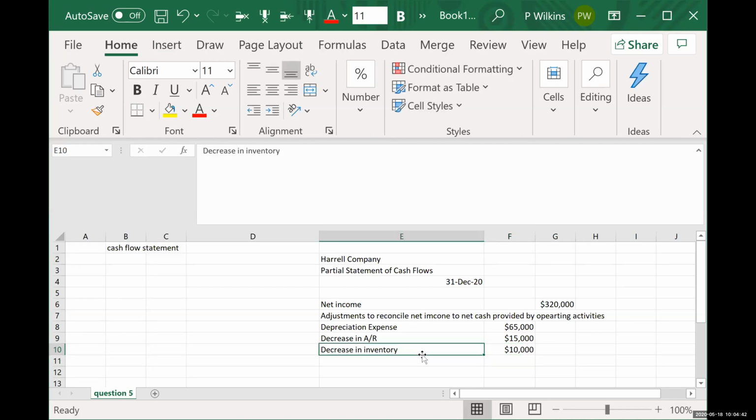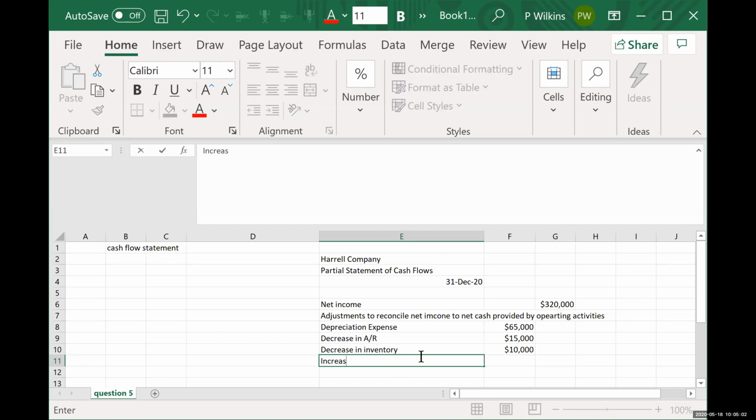All right. So the next line after inventory we're going to look for is prepaid expense. Yes, we have prepaid expense. So it went from $5,000 at the beginning of the year to $7,500 at the end of the year. So there was actually an increase of $2,500 in prepaid expenses.